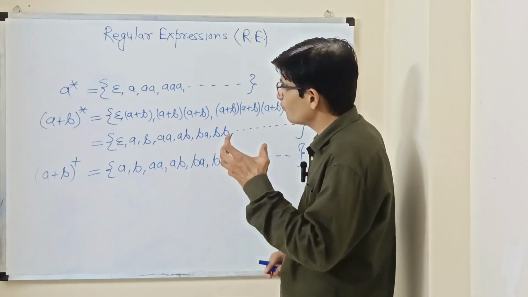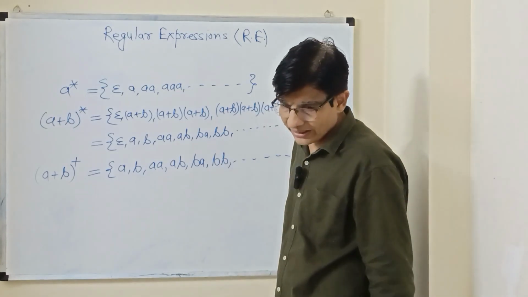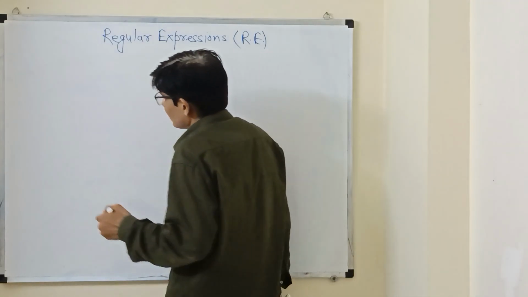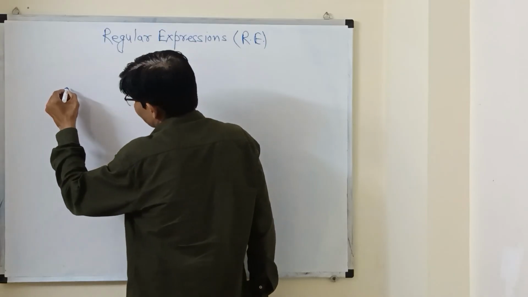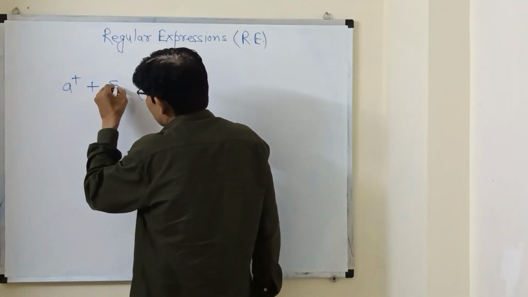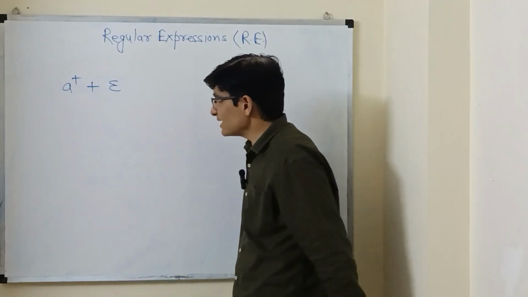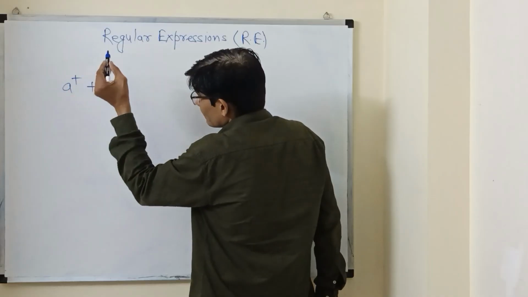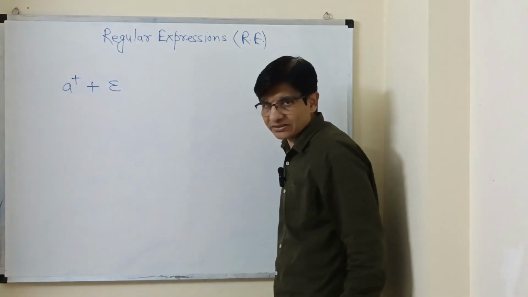I will now take some more examples. Now, friends, we will see some more examples of regular expressions. So I'm writing here A plus epsilon. This plus is the unary plus and this plus is the binary plus operator.